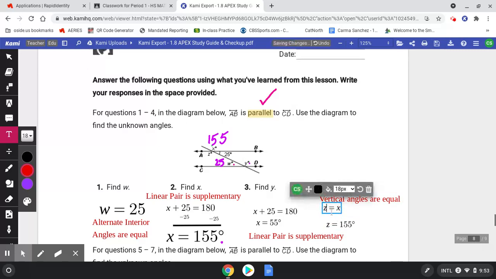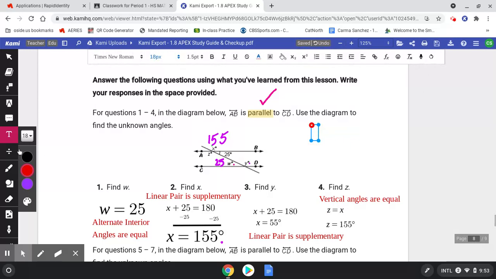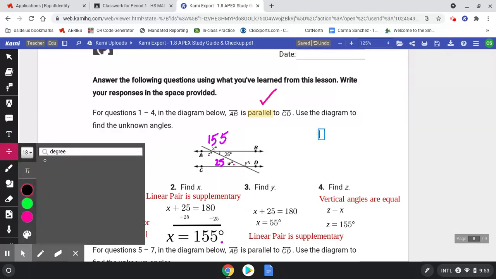You also could have solved it using Z plus W equals 180. So I'm going to do that work up here. You could say Z plus W equals 180. And we know that W is 25. So Z plus 25 equals 180. We subtract 25 from both sides and you get that Z equals 155.